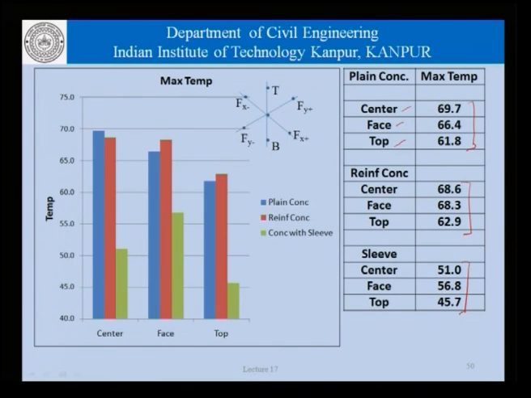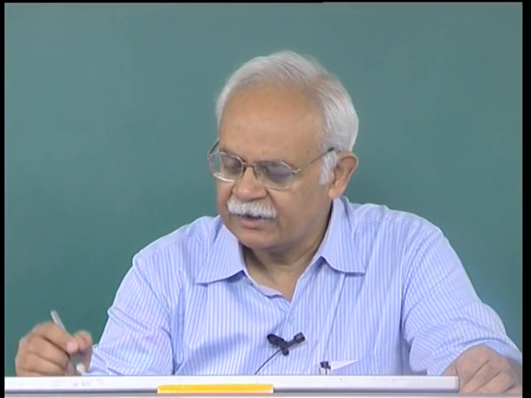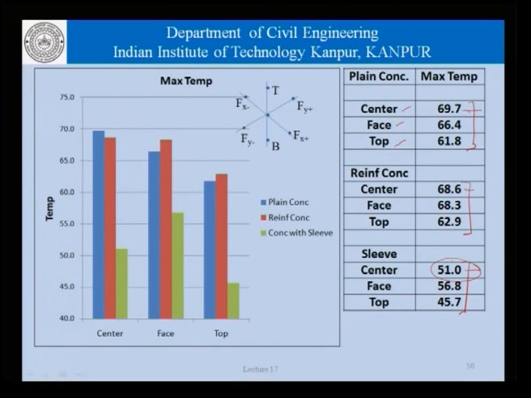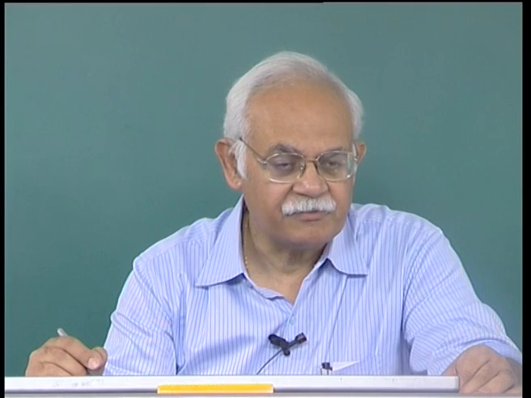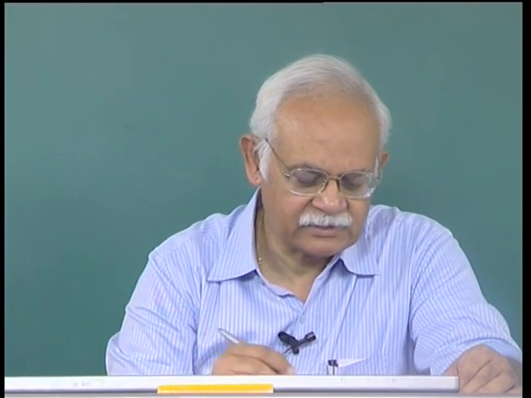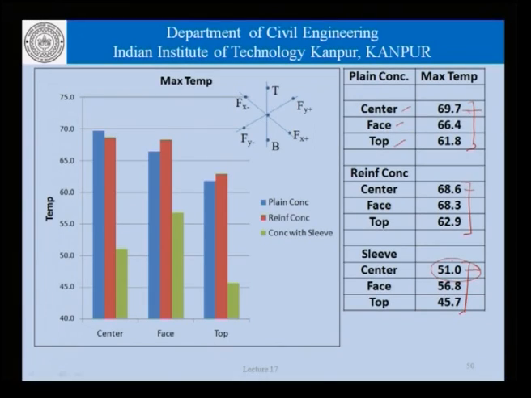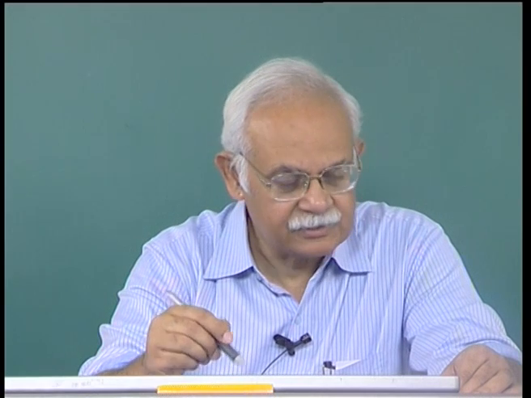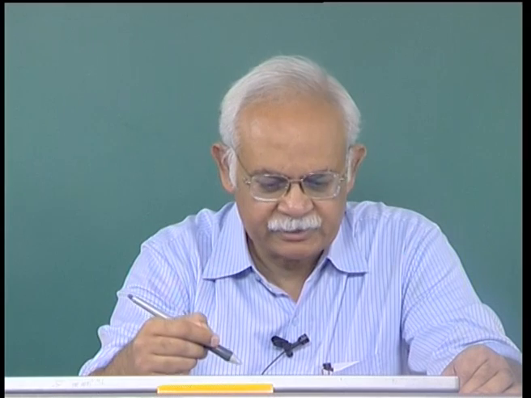It is interesting to see that in the other cases the center is higher than at other locations, and that is the kind of concept that we are talking of in terms of a core of concrete. Here the center is at a lower value because we have a sleeve there, and that is helping us get rid of the heat, which results in lower temperatures.